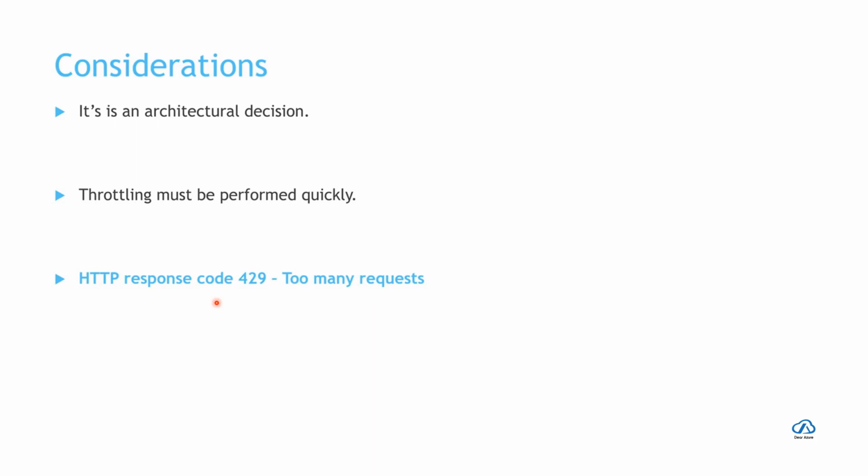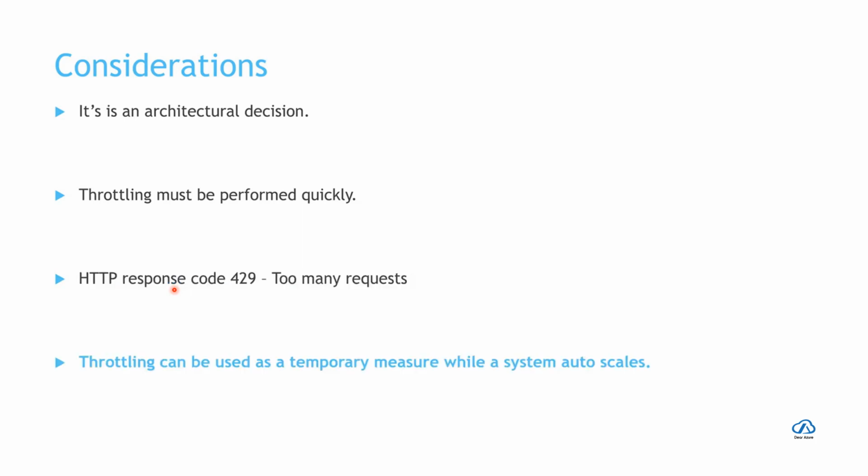So it's very important to respond with the right response code to tell the consumer of your service that they are doing something abnormal. And as we said, we can use throttling as a mechanism to protect the platform until the auto-scaling or scaling up and down event takes place.